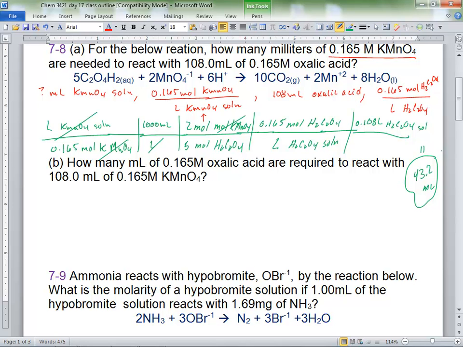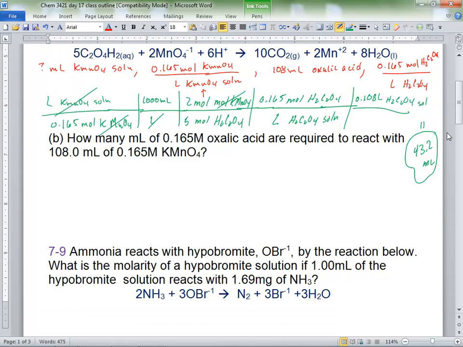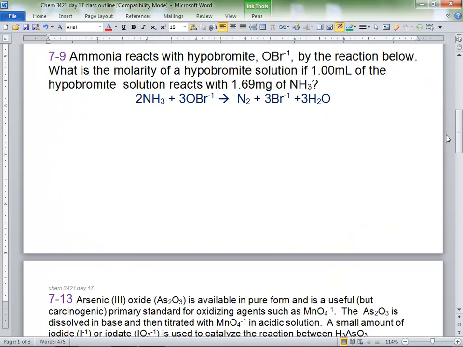Okay. In 7-9, start with what they want. Start with what they want, and that guides all your efforts. Kevin, what do they want? They want you to solve for what? Of what? The molarity of hypobromite. Hypobromite, they say, is OBr negative. That is really equal to what?